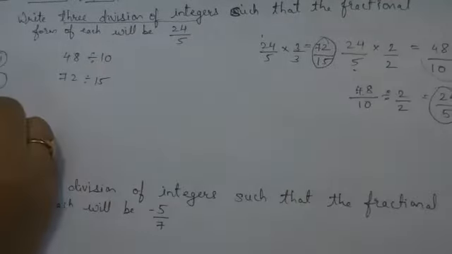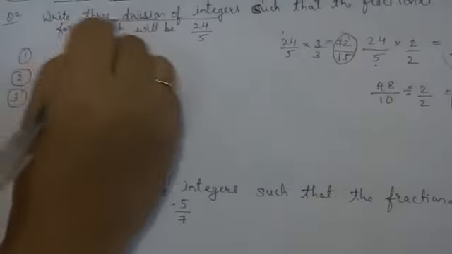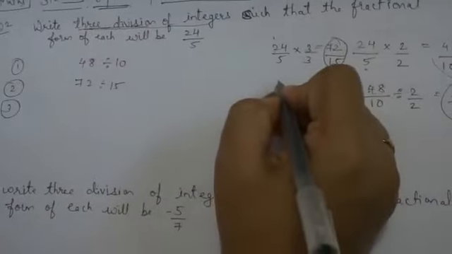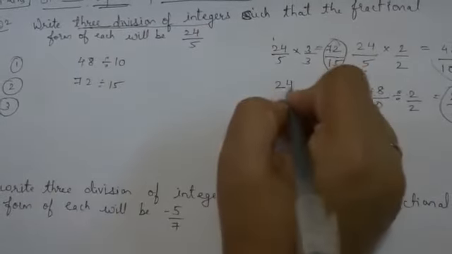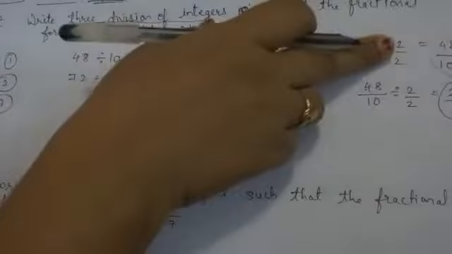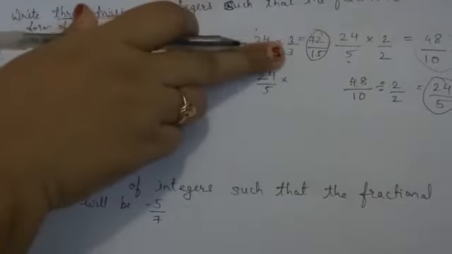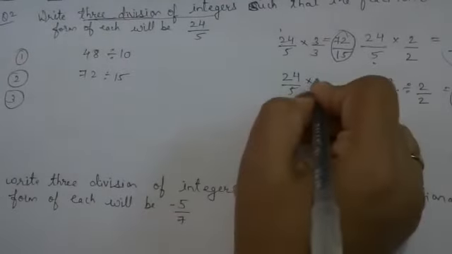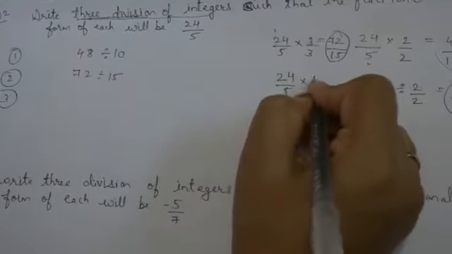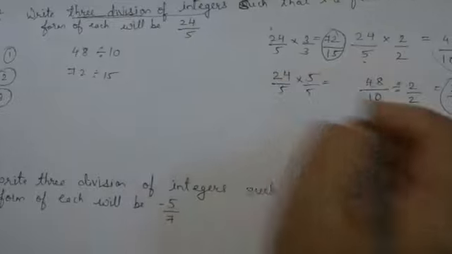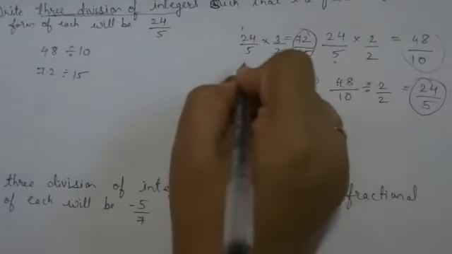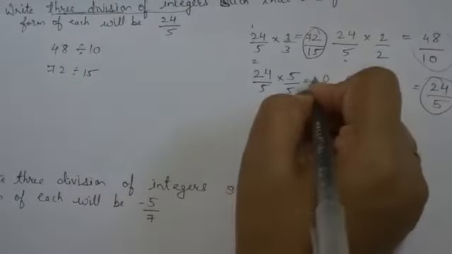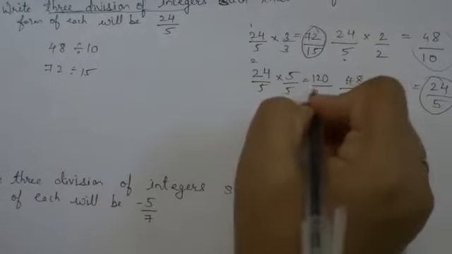Now one more, how many do we want? 3. So for getting the third one, you can take the same fraction 24 upon 5. We multiplied first by 2, second time by 3. You can take any number. Now I am taking say 5. So 24 5s: 5 4s are 20, 5 2s are 10 and 2 makes 12, so 120, and 5 5s are 25.